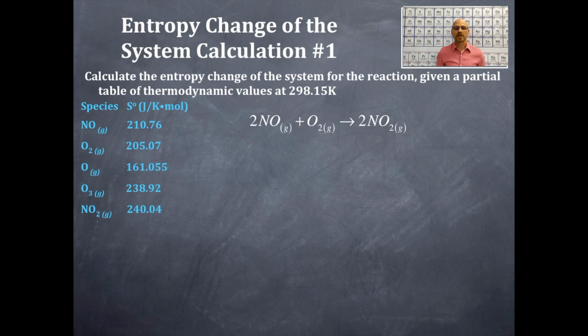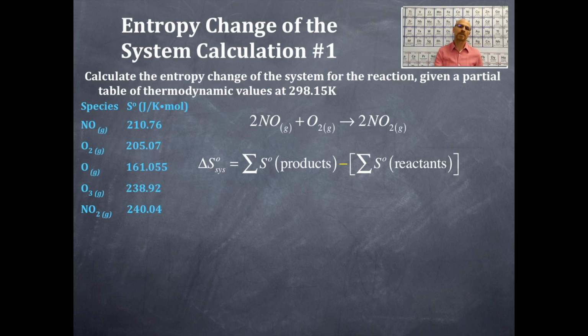When we are calculating the entropy change for the system, we are doing products minus reactants. So delta S naught for the system is equal to the sum of the S naught for the products minus the sum of the S naught for the reactants.